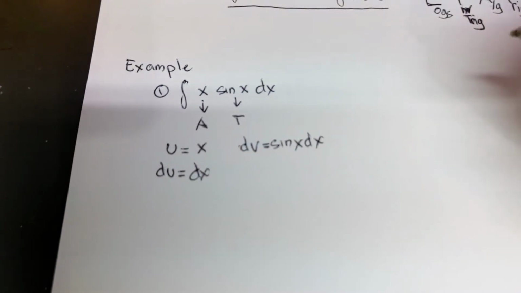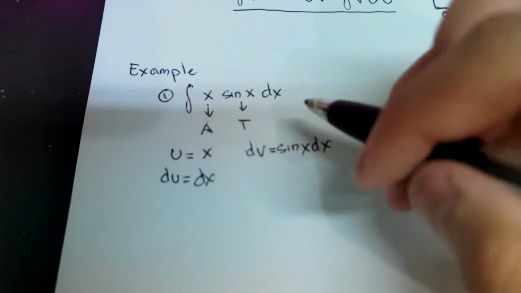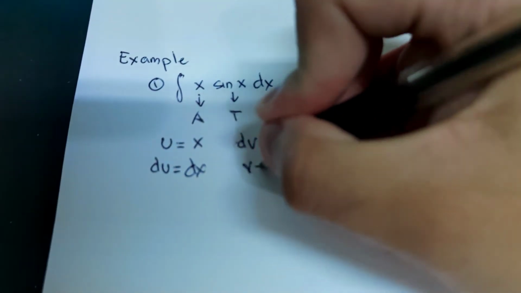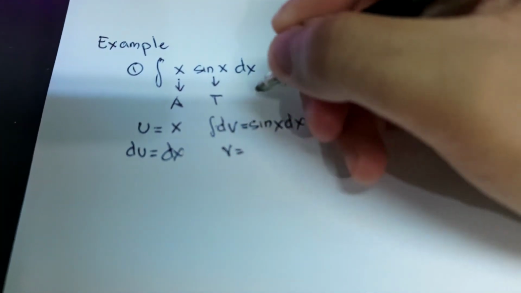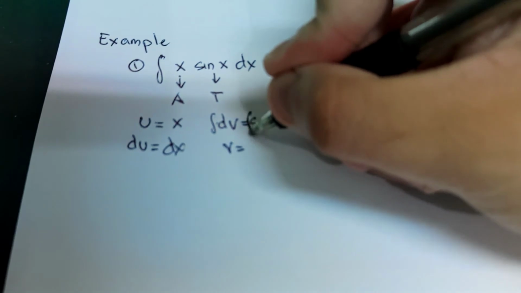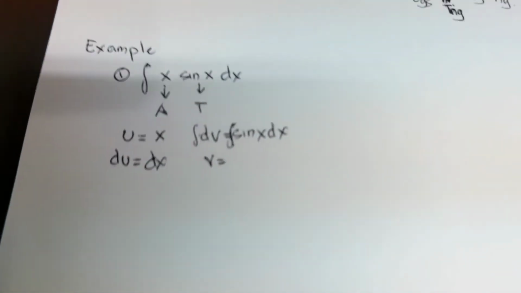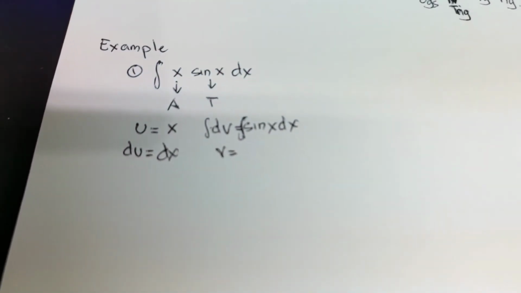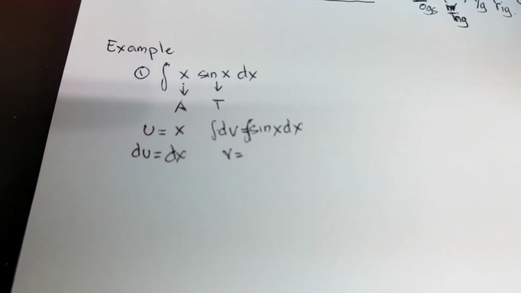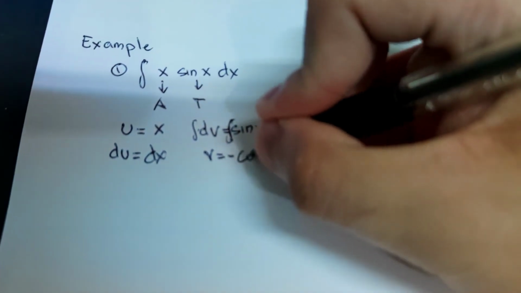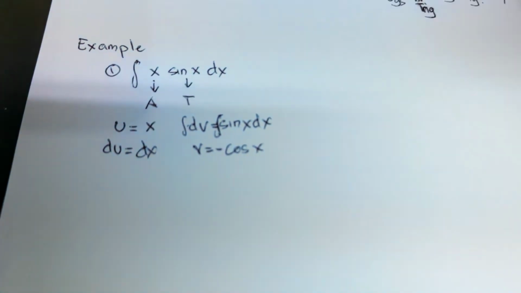And we still have to get our v. To get this, you have to integrate our dv, get the integral of sine x dx. So the integral of sine x dx is just negative cosine x.